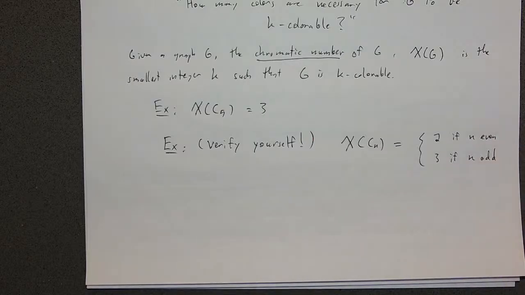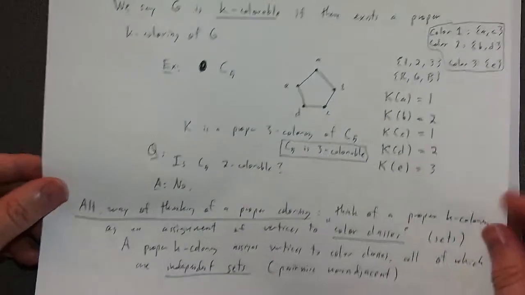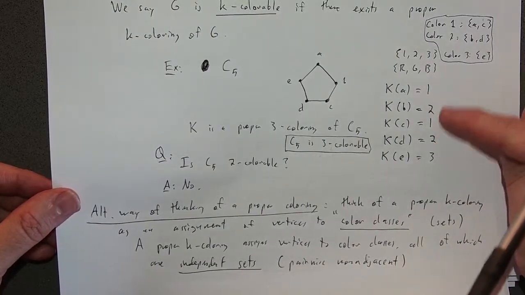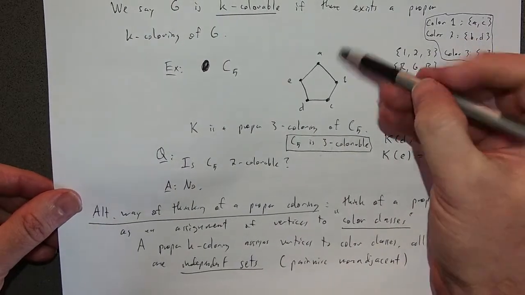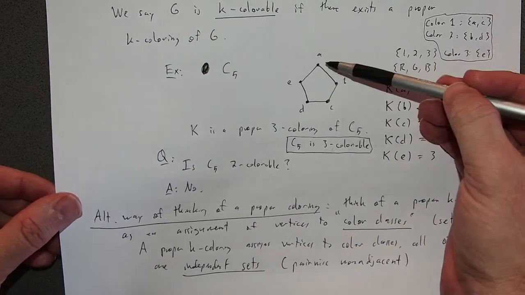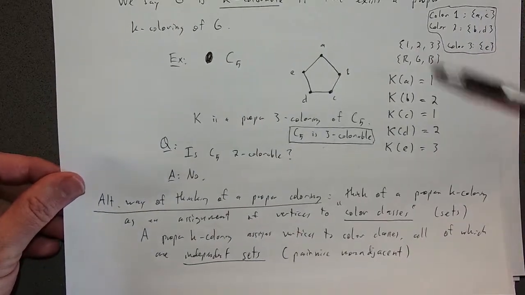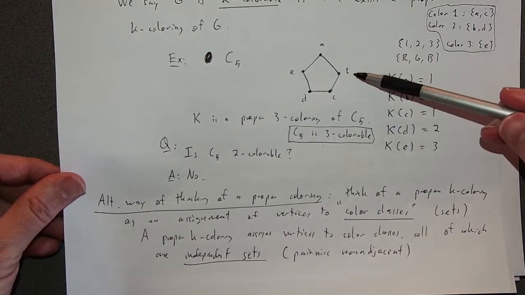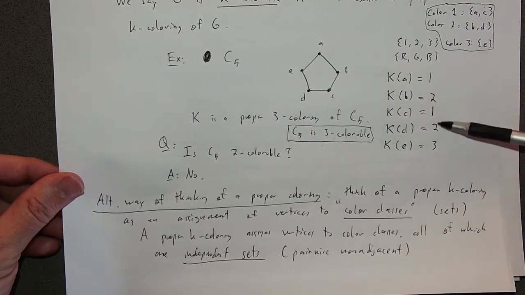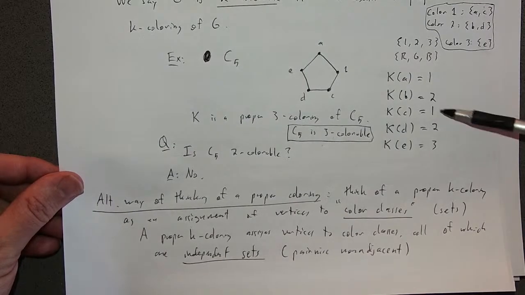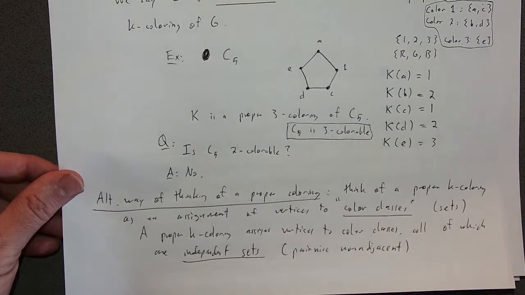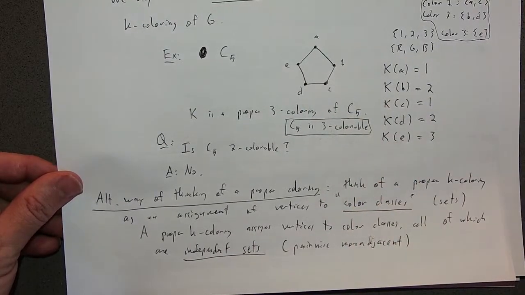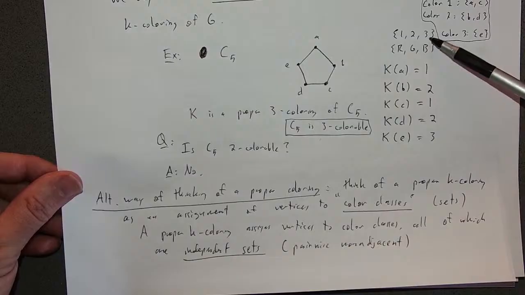Why is this? Well, consider our example here. Look at this pattern that I used to color. I started at some vertex, at A, and assigned it the first color. Going to the next vertex, I have to assign it a different color. Now, going to the next vertex, I could alternate like this, and I could just keep alternating, and I'm good. The problem is when I get to a vertex that is adjacent to 2 vertices of different colors. So I have to use the third color in that case.